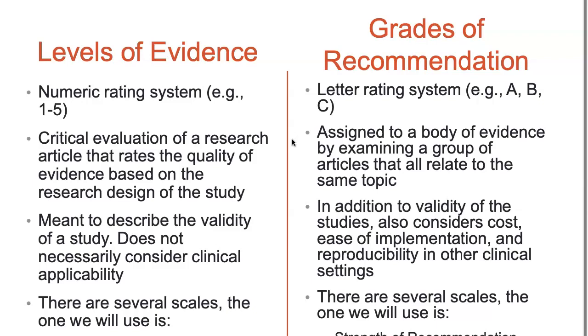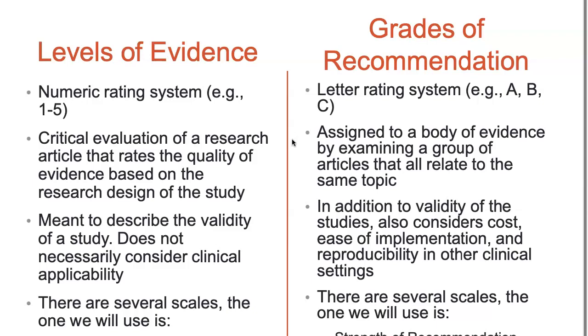So it's not just one particular article that you're grading. In a level of evidence, we give a number value for each article, whereas in the grades of recommendation, the 4 to 5 articles that you're using to complete your CAT assignment, that's the grade we give for the total article.